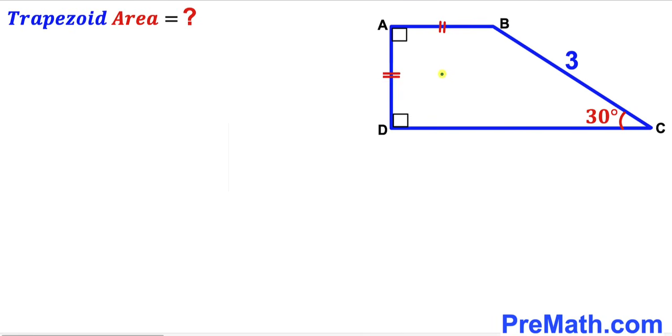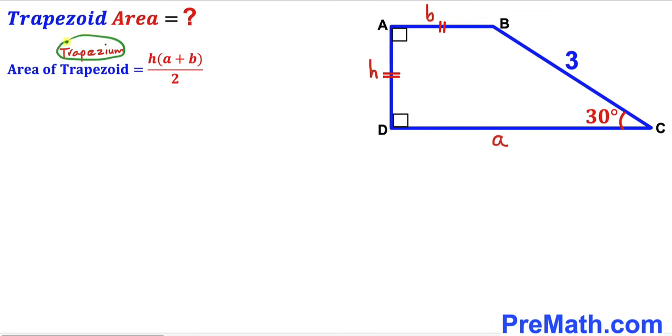Since we are interested in calculating the area of this given trapezoid, let's recall the area of the trapezoid. Sometimes we call it the trapezium. The area is always equal to height h times the sum of these two bases a plus b, all over 2.